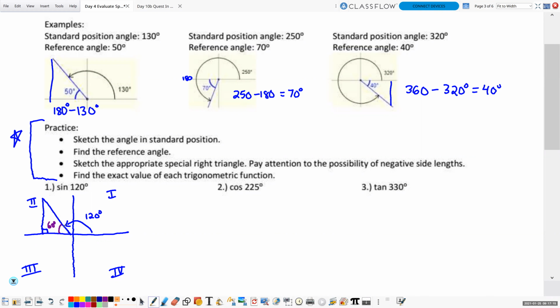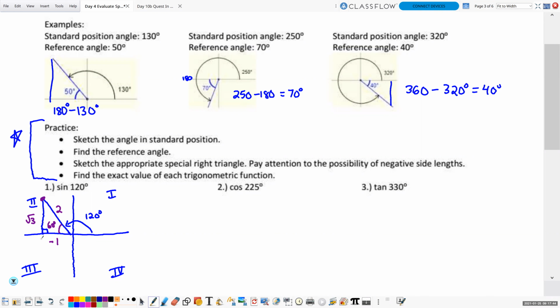So now we need to dig out our special right triangles. The hypotenuse on the 30, 60, 90 is 2. Opposite the 60 is the square root of 3. Adjacent to 60 is 1. But because this triangle is in an XY axis, this 1 goes to the left. What's this ordered pair right here?